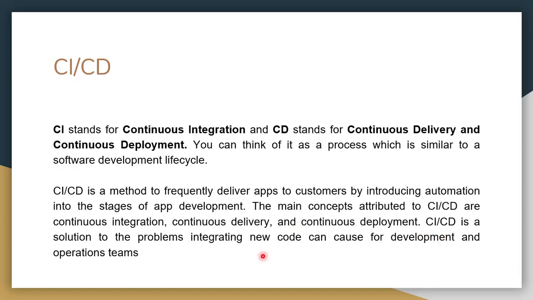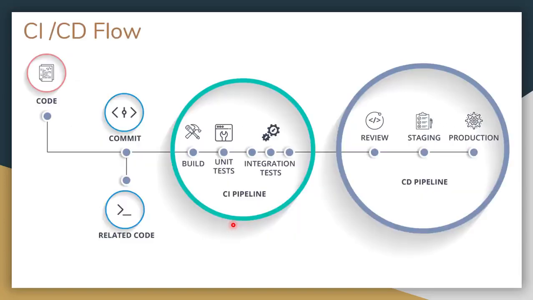CI/CD is a solution to many problems, and it's a way of integrating new features and new code, and that can allow development teams and operations teams to operate in an environment where there is actually less friction and more satisfaction between the teams and the customers.